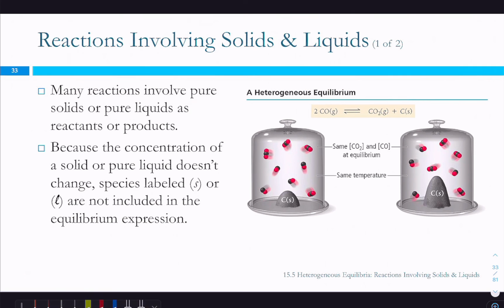On an absolute scale, yes, it's going to change a little bit, but practically speaking, it's not changing. So if you have a solid or a pure liquid, those are left out of the equilibrium expression because the concentration doesn't change, and therefore it has no bearing on the equilibrium.